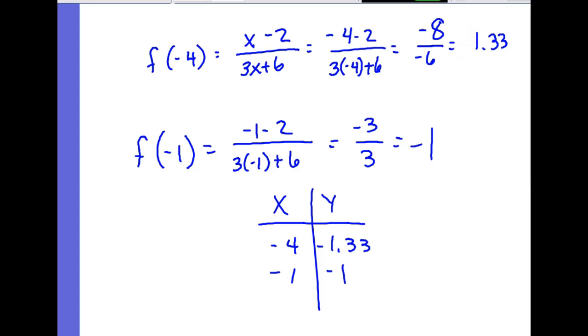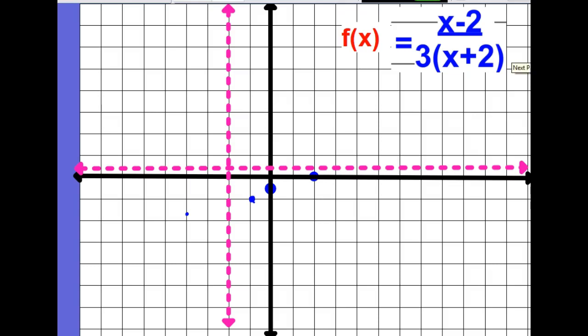That's why it didn't look right. So this point over here would be about right there. To get those points, I picked one just a little bit to the left and the right of this asymptote. So this graph is going to curve like this and down like this. By putting in a few extra points, it just makes the graph more accurate.